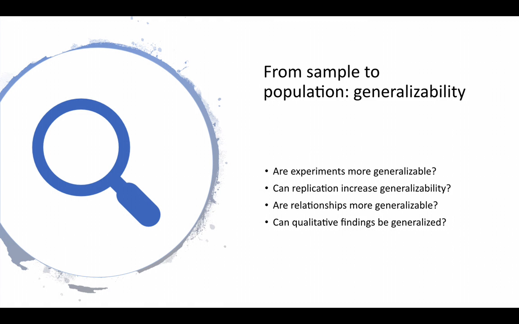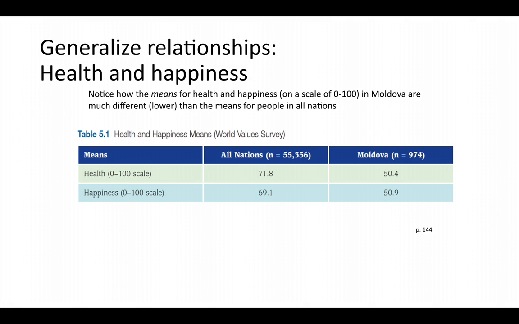And the mosquito nets are not being used to prevent mosquito bites on their kids because they are being used for fishing, and so on. All these are qualitative findings, but you can generalize them from Indonesia to Bangladesh to South Africa to Kenya. So yes, qualitative findings can also be generalized.